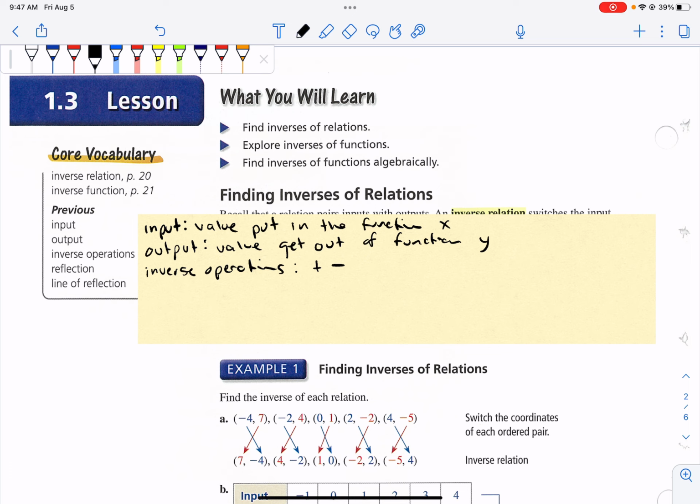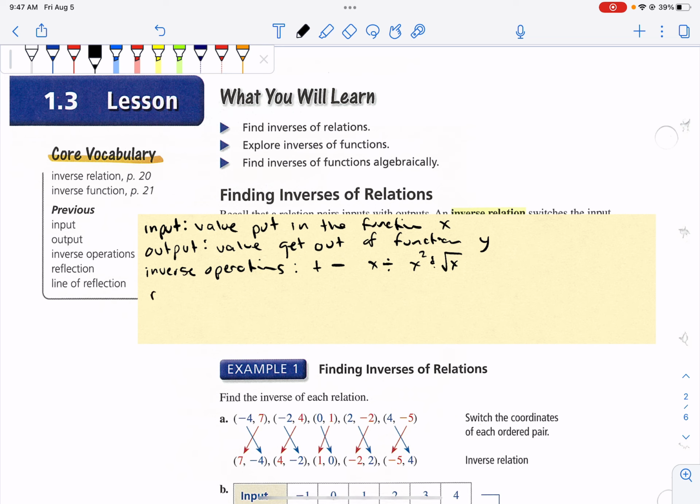If I multiply by 5, to undo that, the inverse is to divide by 5. So multiply and divide are inverses. X squared and the square root. Doing a square and a square root are inverses. They're not ones that we've used a lot. Well, we haven't used them at all yet this year. We will a whole bunch this year.